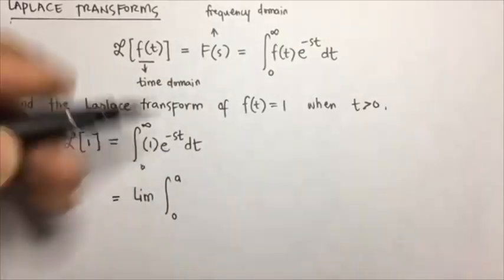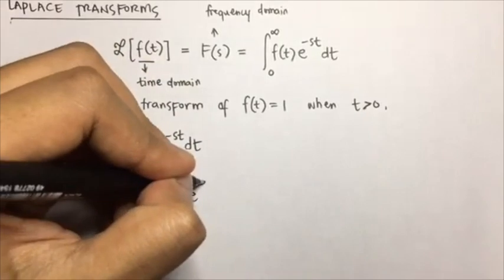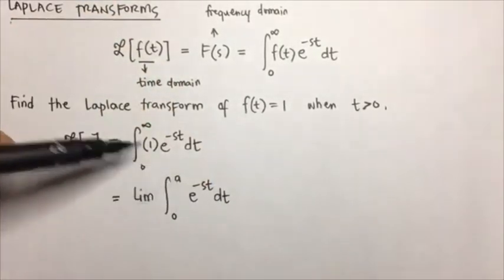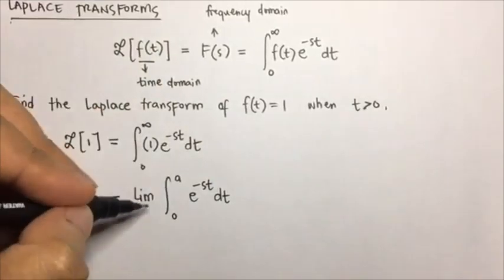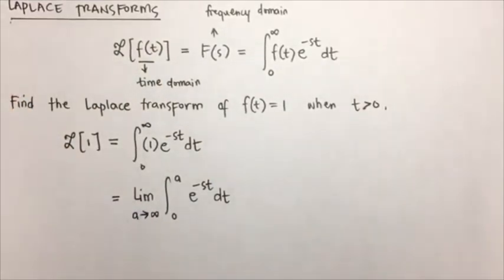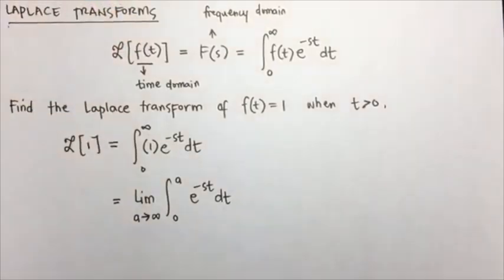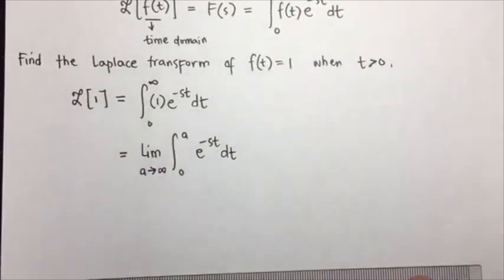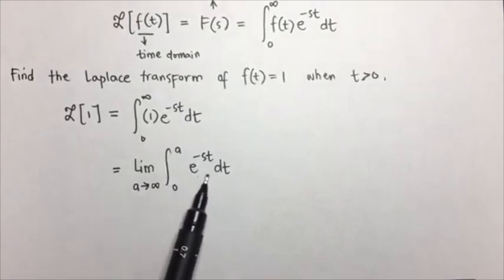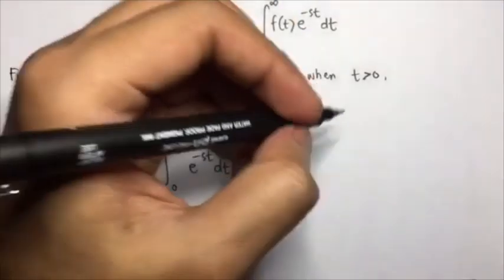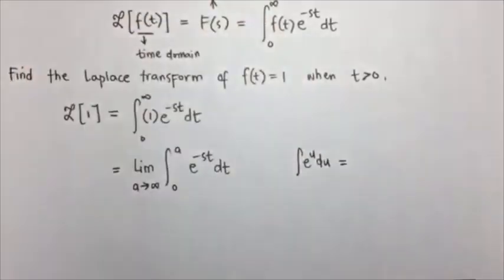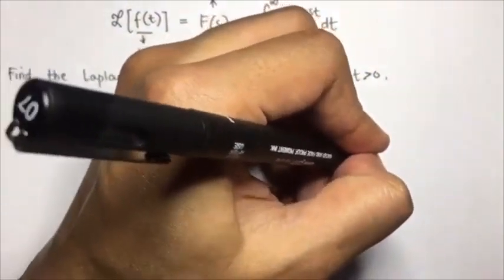If we simplify this, it is simply e raised to the negative st, dt, where a approaches infinity. Next is to do simple integration. This is the integral of an exponential function, so recall that the integral of e to the u du is equal to e to the u plus c.